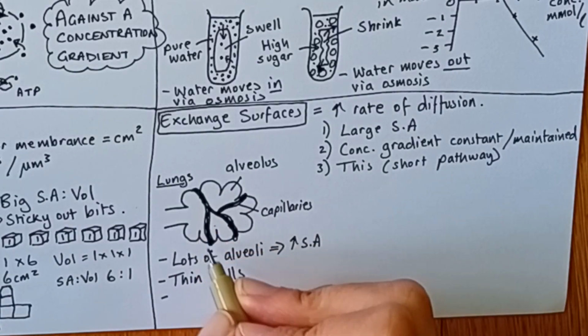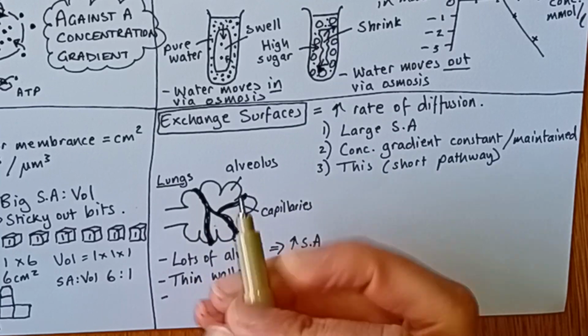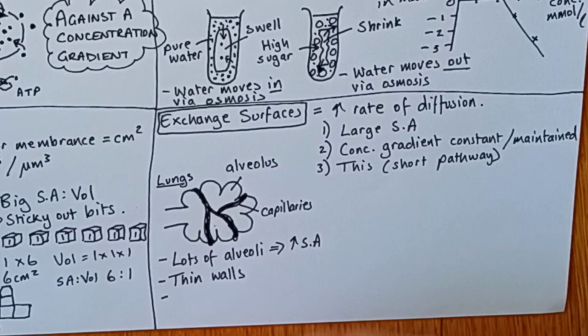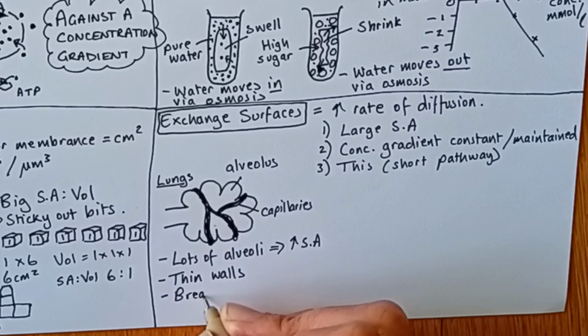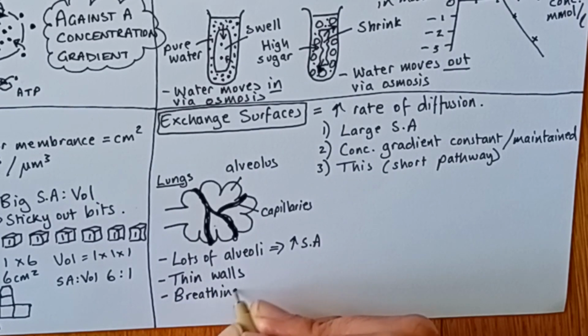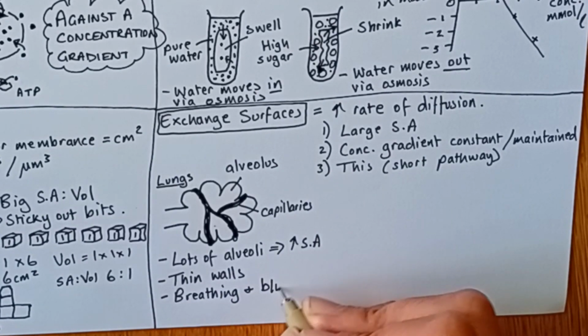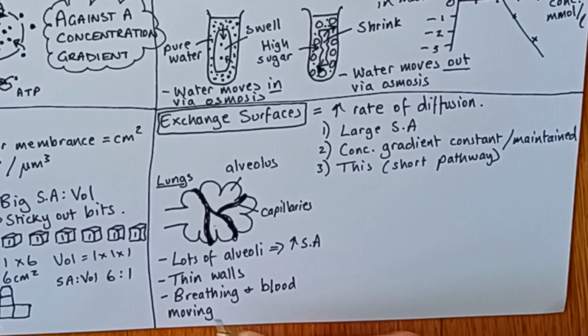So the blood moving and the oxygen being breathed in and then carbon dioxide being breathed out at a higher concentration maintains that concentration gradient. So breathing and blood moving make sure it doesn't reach equilibrium, or maintain the concentration gradient.